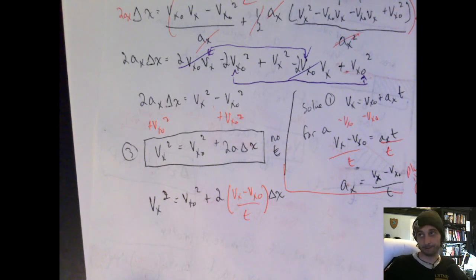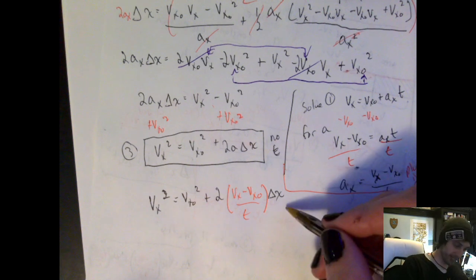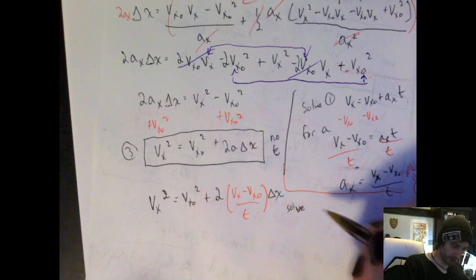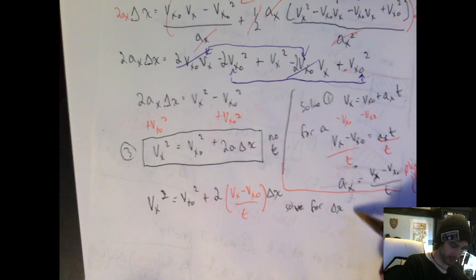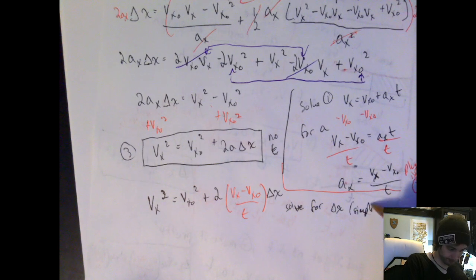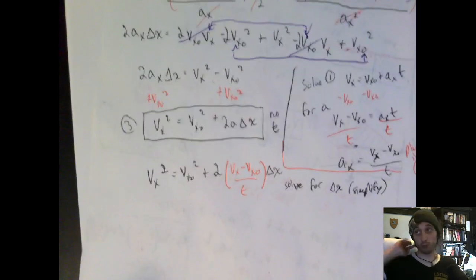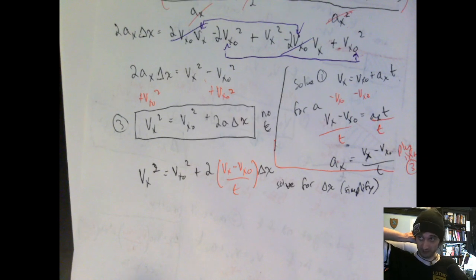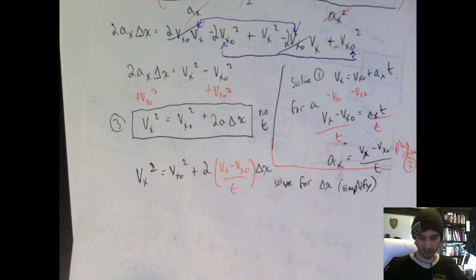At this point, I want to make this pretty. So to make it pretty, we're going to solve for delta x and simplify. This part is probably going to lose some people because it's going to involve some algebra identities. Sorry in advance.